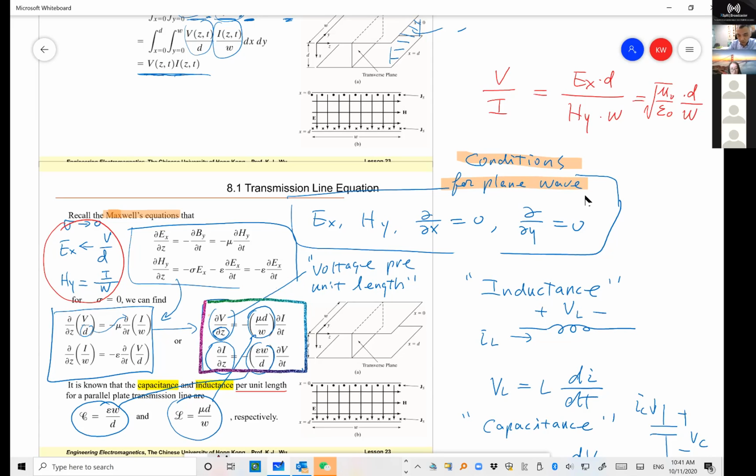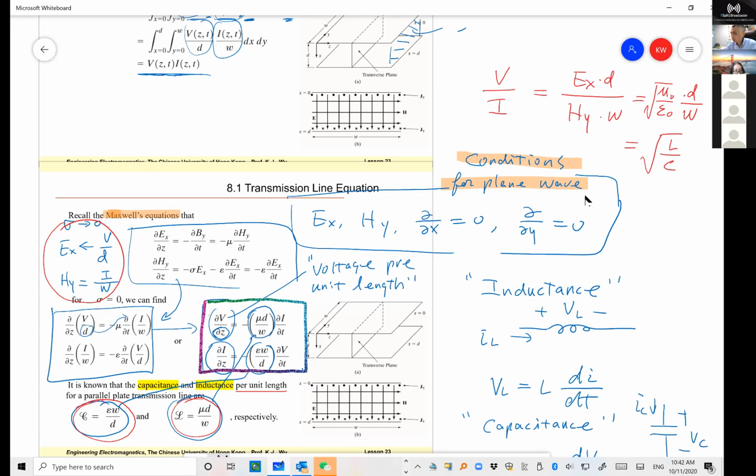Then you can also find that epsilon and mu are related to the capacitance and the inductance, so that equals the square root of L over C. You can very easily justify this.